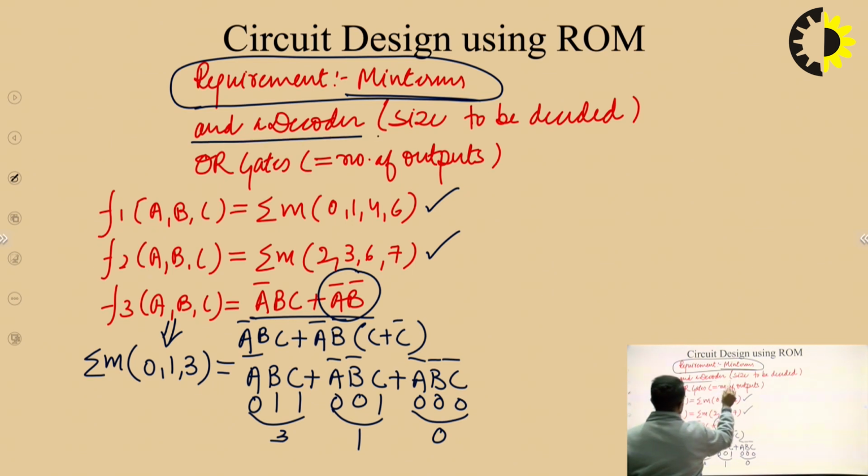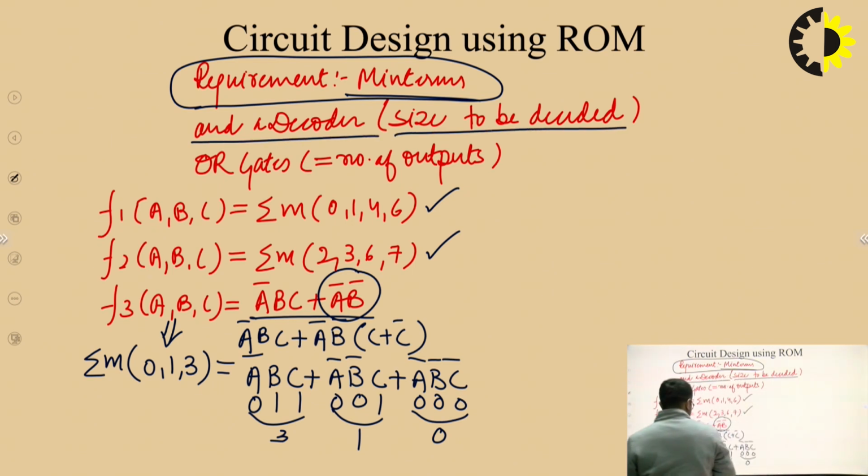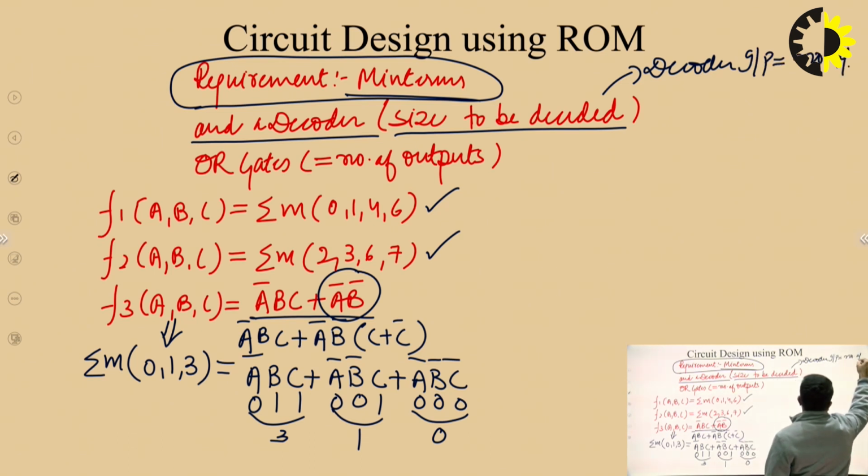Then I have to choose a decoder, and the size is to be decided by me only. We decide that the decoder inputs are equal to the number of system inputs to be designed.